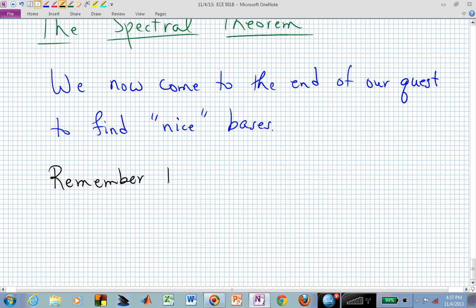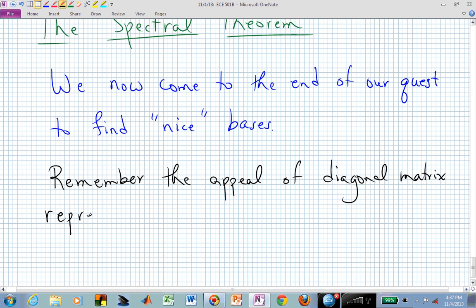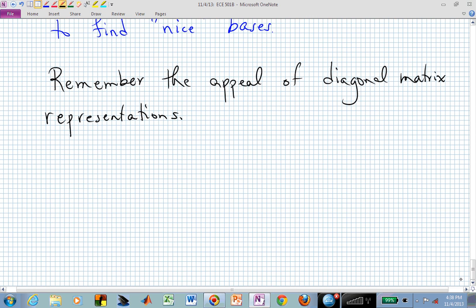So really remember the appeal of diagonal matrix representations. There's a lot of nice things about that. Now we can immediately think of these orthonormal basis vectors, and we're just scaling and either contracting or expanding along those vectors with this diagonal representation.